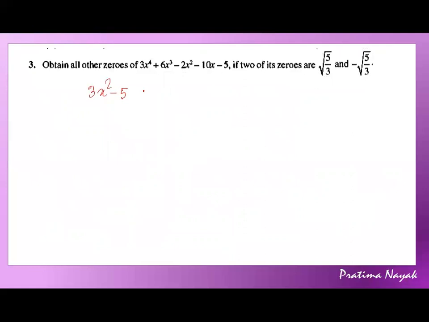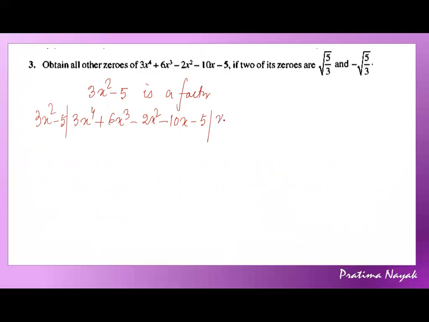I'm dividing 3x to the power 4 plus 6x cube minus 2x square minus 10x minus 5 with 3x square minus 5. So you can now guess that it is a lengthy question. It will be of 5 marks.